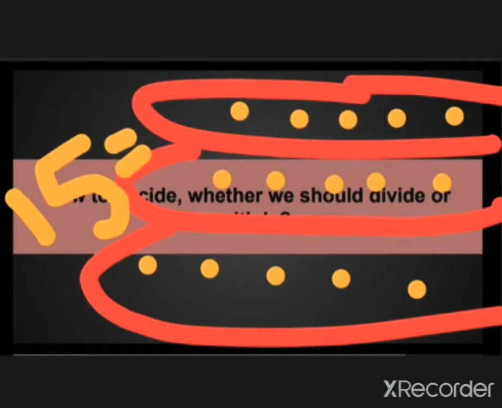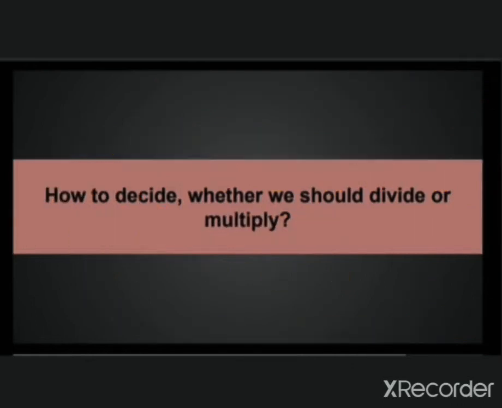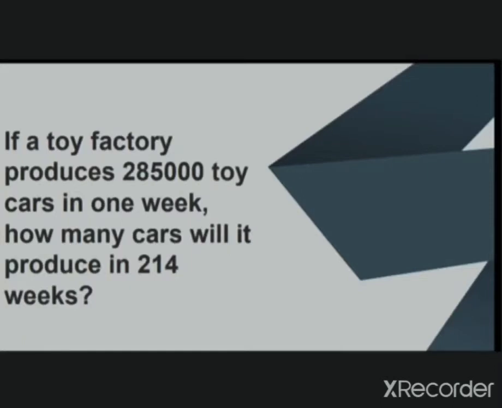Moving ahead towards our problem, which is going to be described in today's class. It says that if a toy factory produces 285,000 toy cars in 1 week, then how many cars will it produce in 214 weeks? We have read, now we are going to understand.